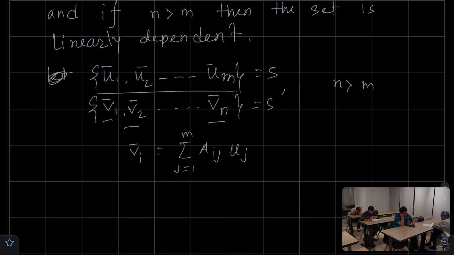Okay, so can you tell me why it is possible to write this vector as a linear combination? Because I proved the theorem. And what was the theorem?